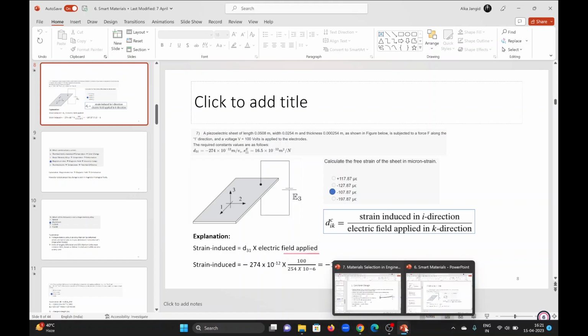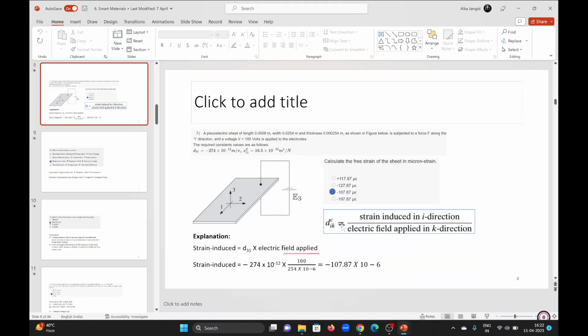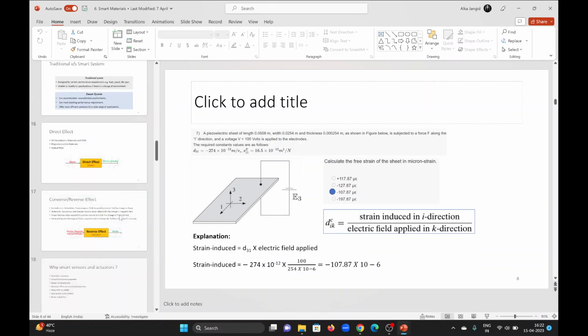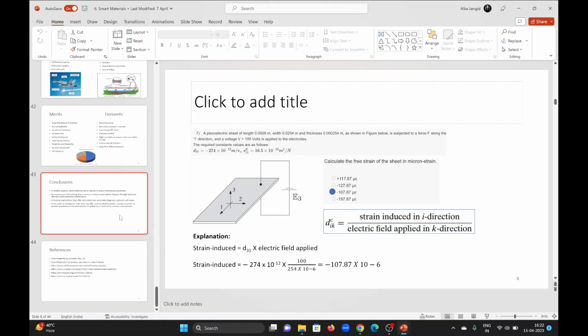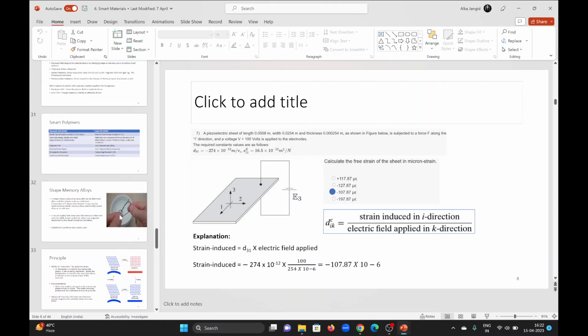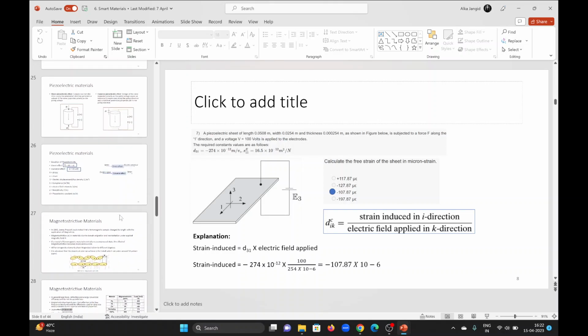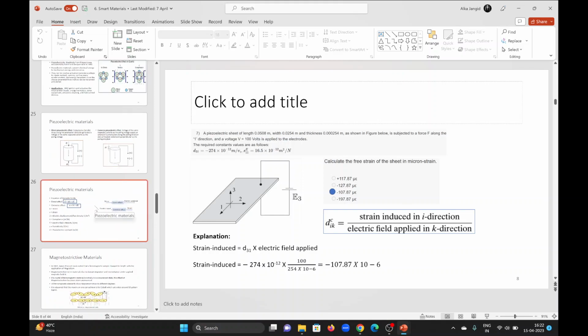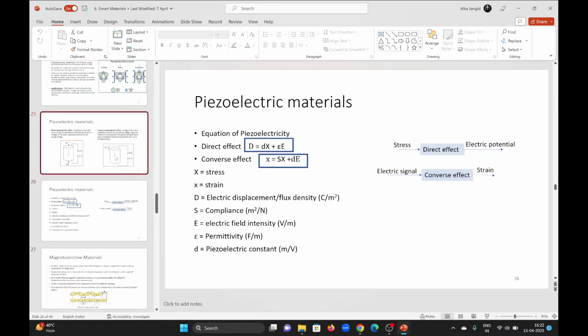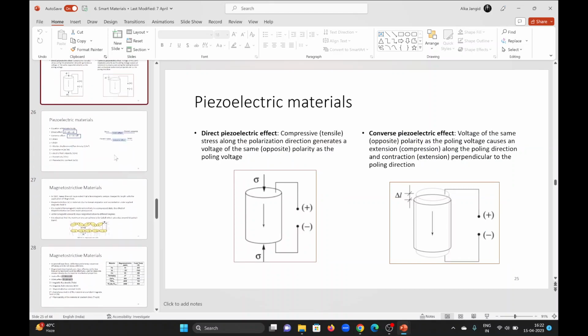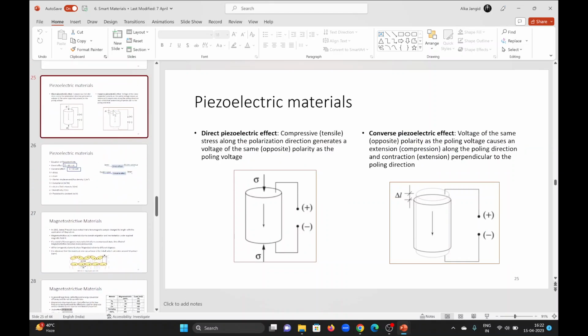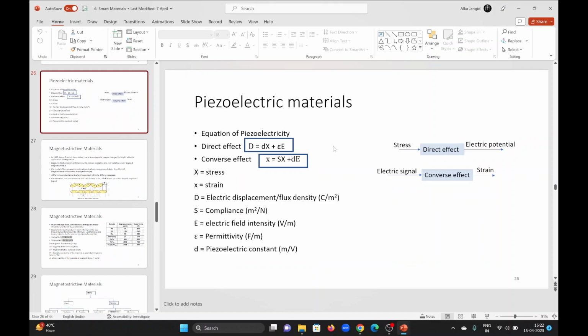For calculating force, what is the formula, madam? It will be similar to this. I think I have given it below in piezoelectric materials, under direct effect and converse effect.